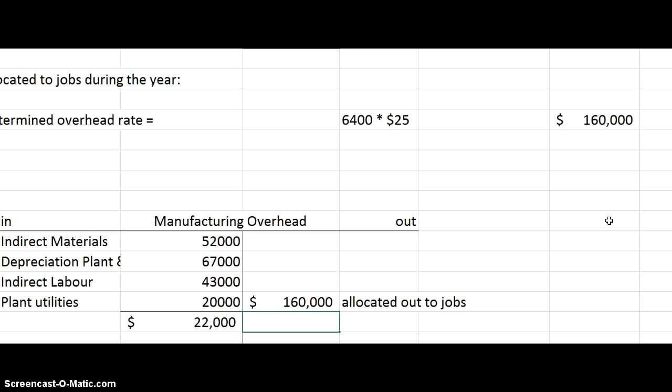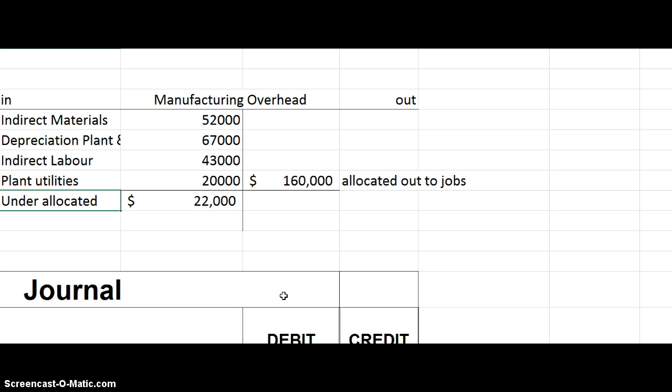That means, holy cow, more costs were actually incurred than we put to the jobs we produced. So we ended up under allocating our manufacturing overhead. Not as much went out to the jobs as we really ended up spending.